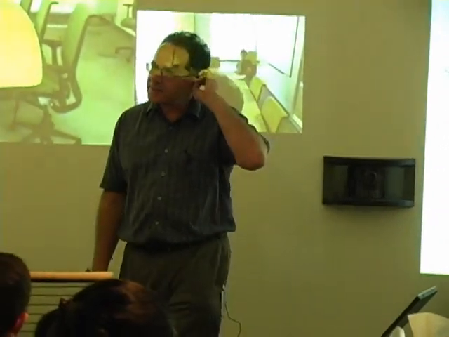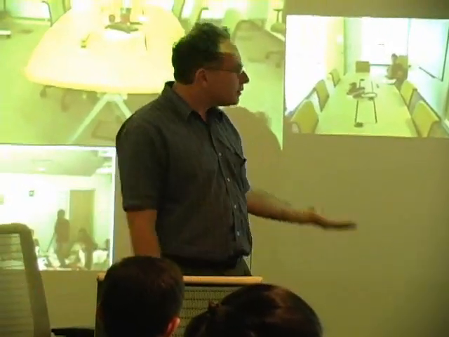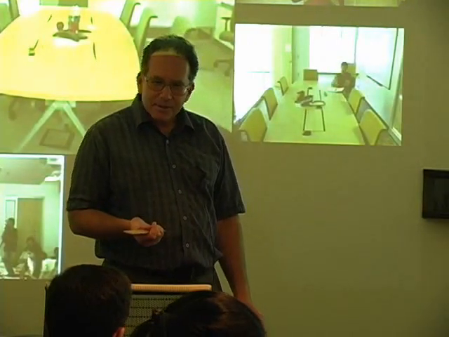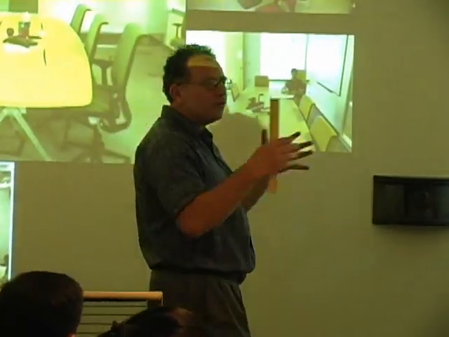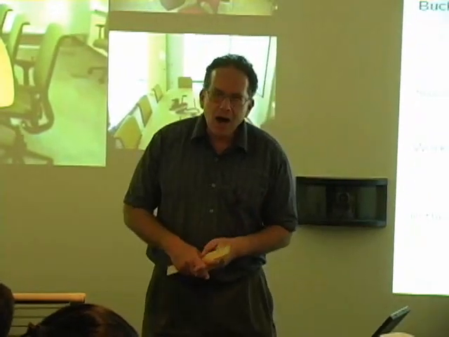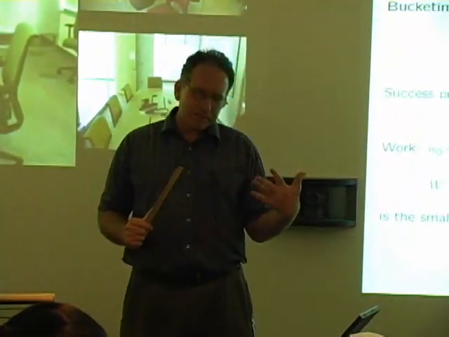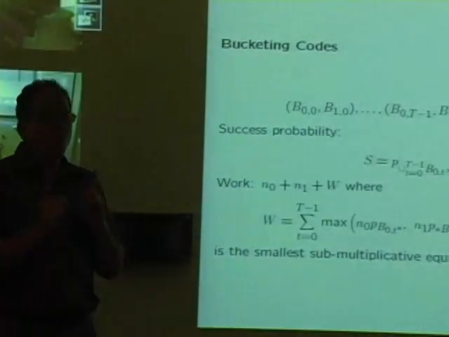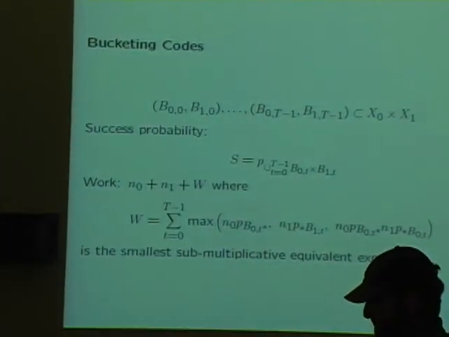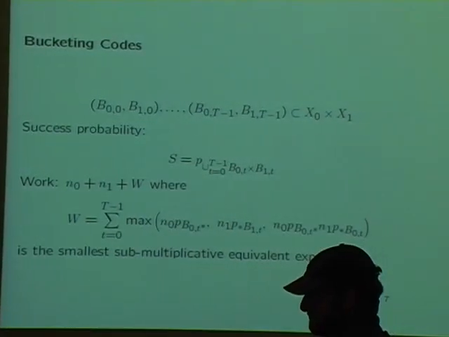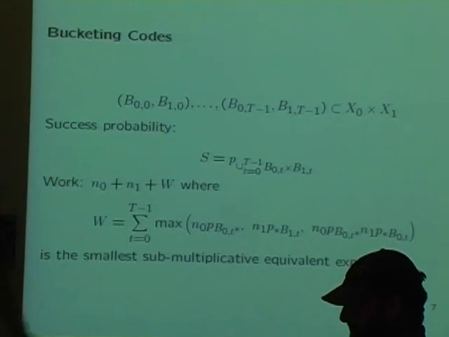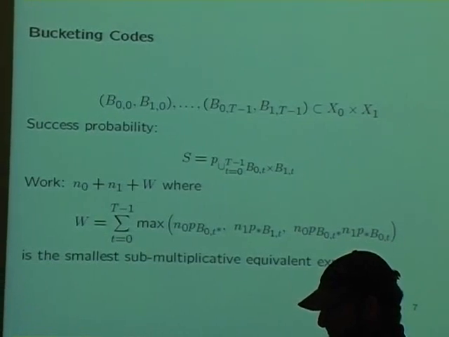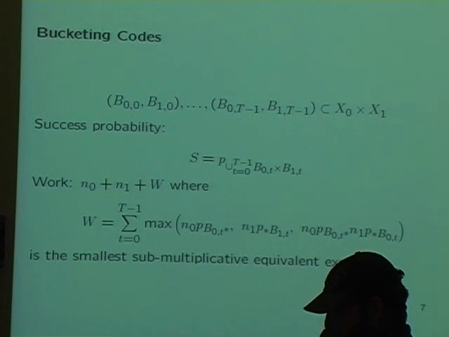The class of algorithms that I consider are the sort of things that we saw before, bucketing algorithms. Meaning I have buckets, I throw things into buckets. Now, all the algorithms that are actually practiced are bucketing algorithms. However, I insist not just that I have bucketing algorithms, but that I have the buckets fixed in advance, independent of the data. Now, many algorithms actually construct the buckets using the data.